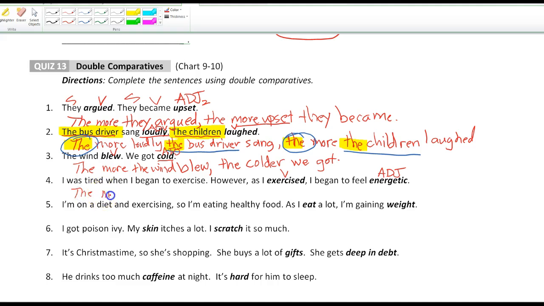The more subject, I exercised, comma, and then adjective, the, and we need the comparative form of energetic. That's 4 syllables, so that's more. The more energetic.